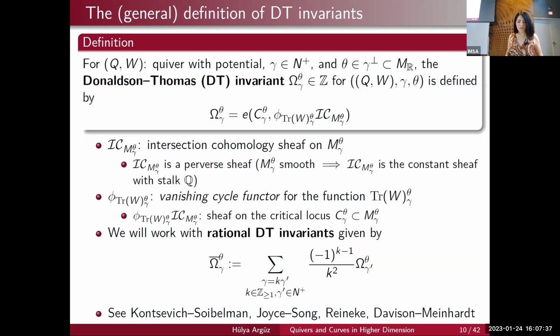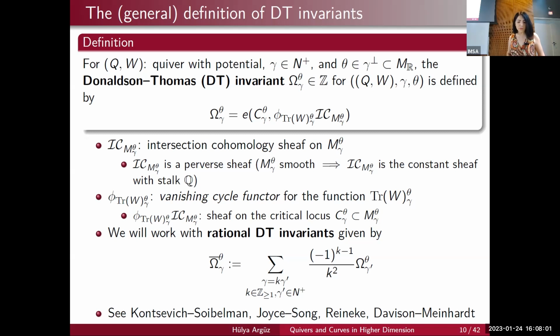And then you apply some functor called the vanishing cycle functor to this sheaf to obtain a sheaf on the critical locus. And then you define your DT invariants as the Euler characteristic of the critical locus with this sheaf cohomology groups.